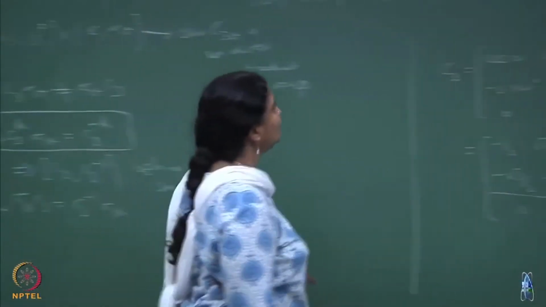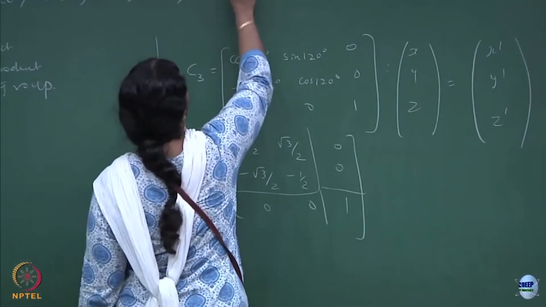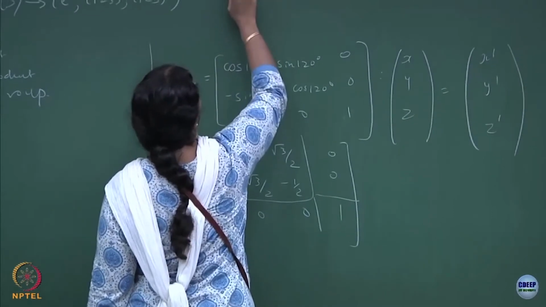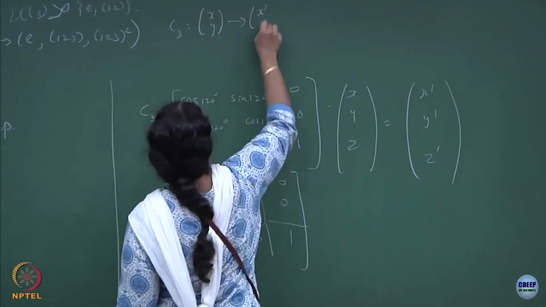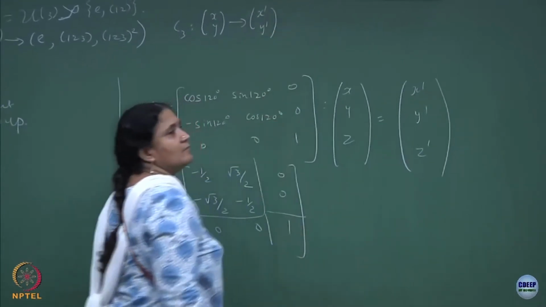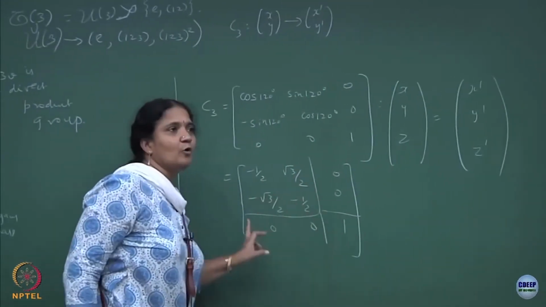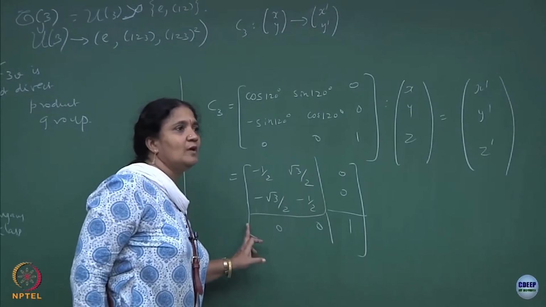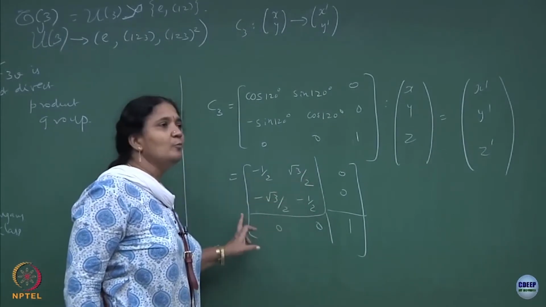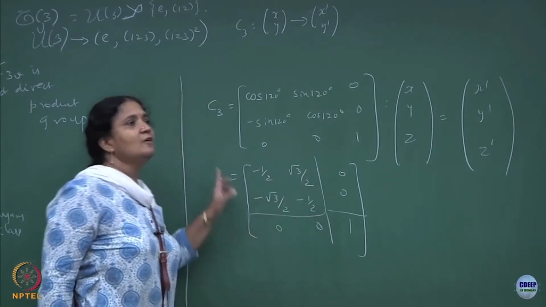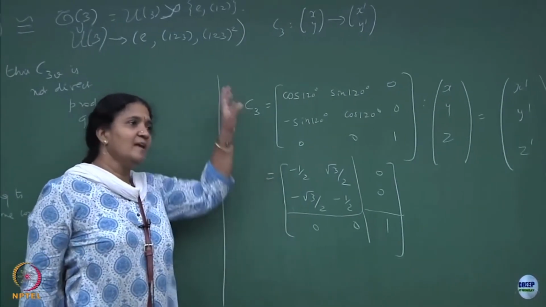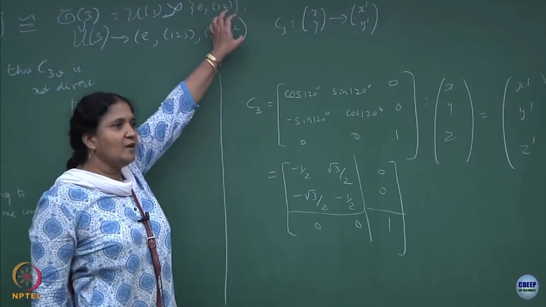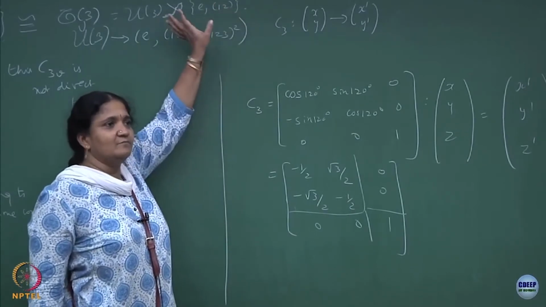So, you can ask what the C3 matrix is which takes xy to x prime y prime. That is nothing but this 2 by 2 block. If you just take the 2 by 2 block, you can say they are 2-dimensional matrix representations for the same group. Which group? Symmetric group of degree 3, or C3v.